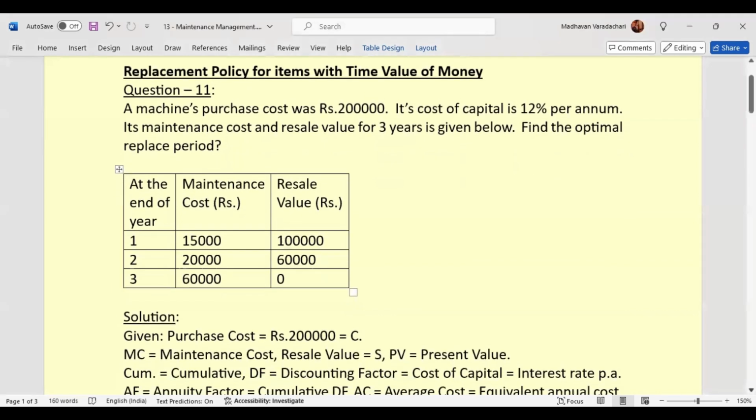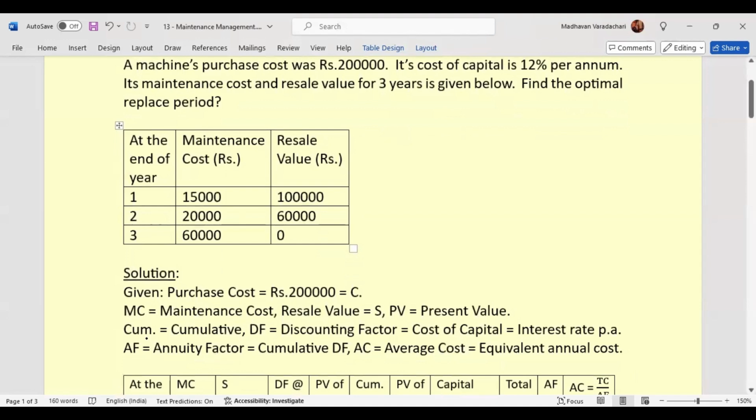Given the purchase cost is rupees 2 lakhs, we are going to call that as C, capital C. This maintenance cost, we are going to call it as MC. Resale value, we are calling it as S. And PV is our present value, because here they gave us cost of capital. We need to consider the present value based on the cost of capital.